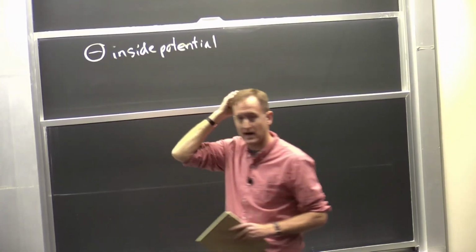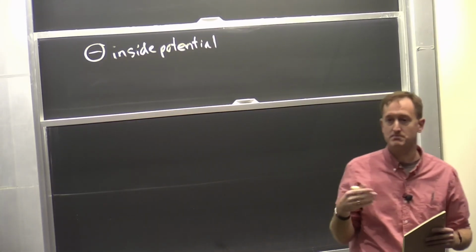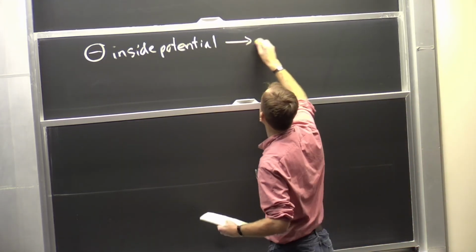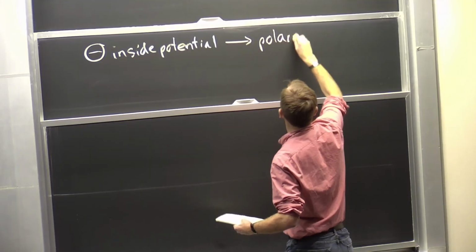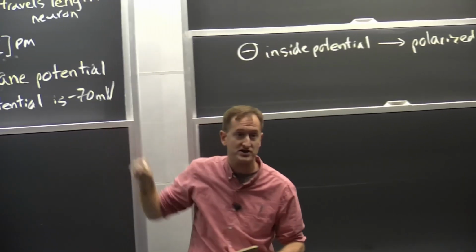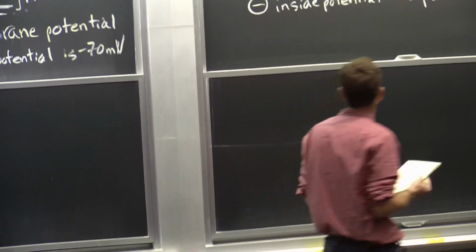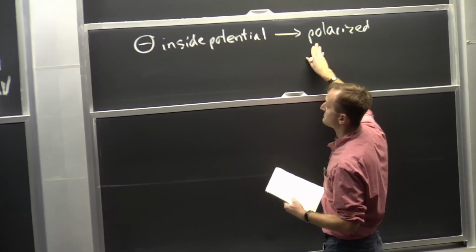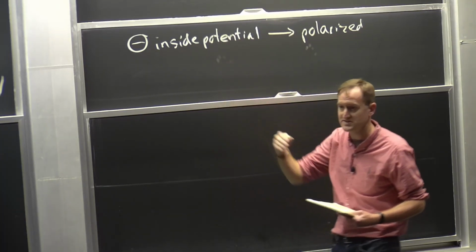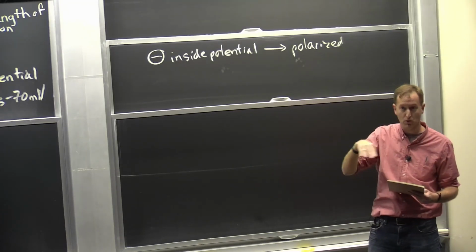So when there's this negative inside potential, a negative inside potential is referred to as polarized. So it's polarized because there's a polarity across this membrane where one side is positive and the other side is negative, okay? So polarized refers to a negative inside potential, the resting state of the cell.